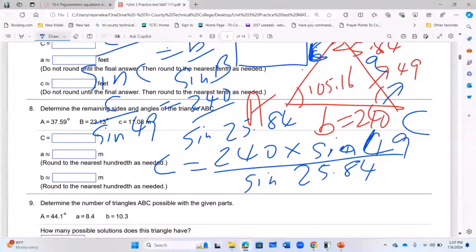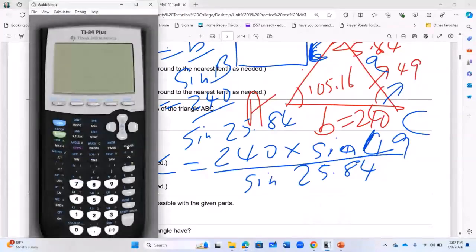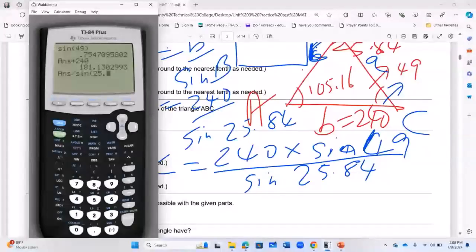In my calculator, 25.84, and then close parenthesis, and then the side is 415 to 2 decimal places, 415.57 is the measure of side C.